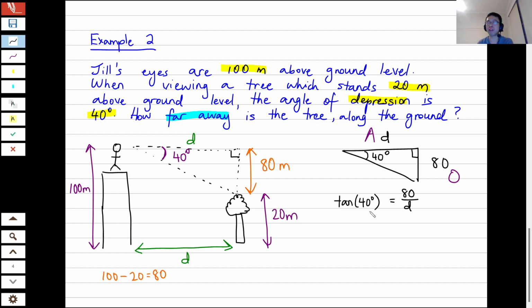And you'll remember from a previous video, if D or the pronumeral was in the bottom of the fraction, what we want to do is swap that number with the trigonometric ratio. So I can write D equals 80 divided by tan 40.